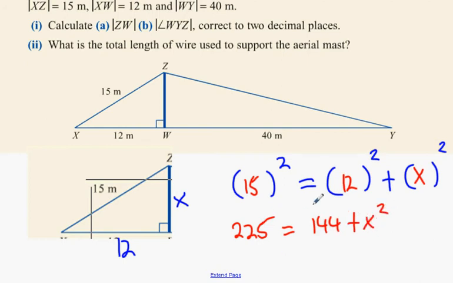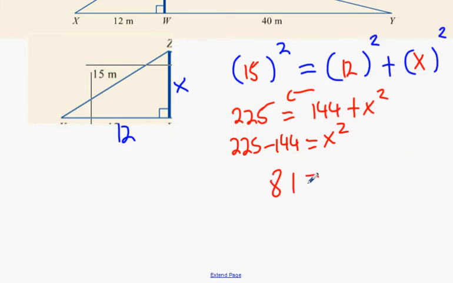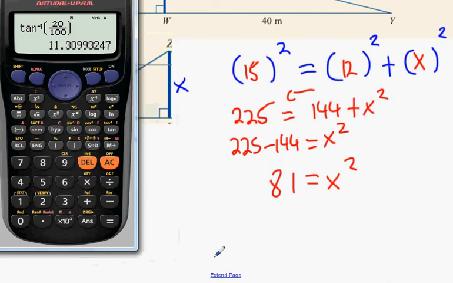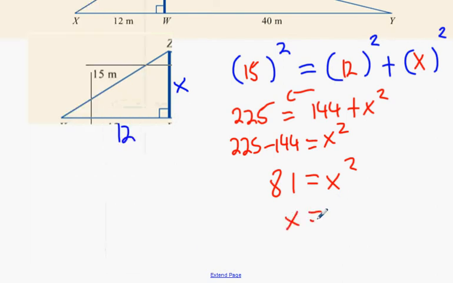Bring the 144 to the other side and take it away. What do you get? 81. 81 equals x squared. What number, when you multiply it by itself, will give you 81? Yep, 9. You use the square root button to find that out, and you get 9. So what does that mean? 9 meters high.